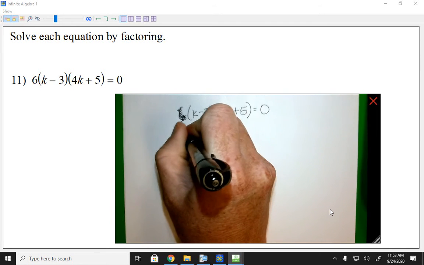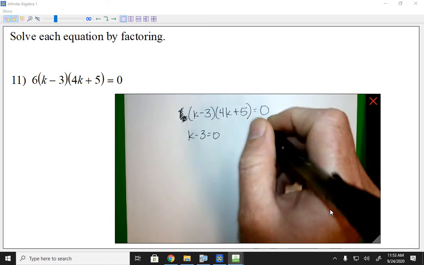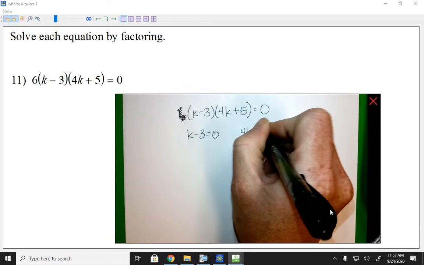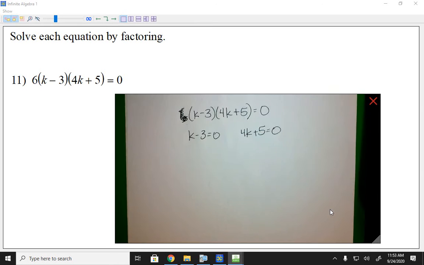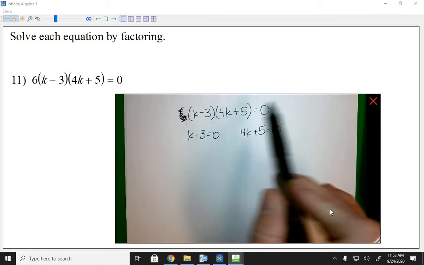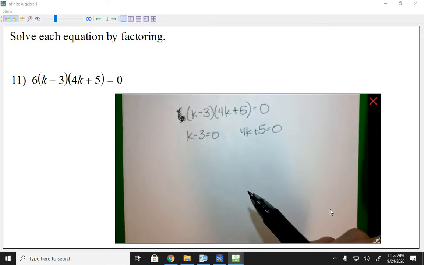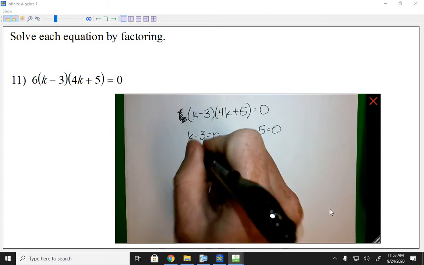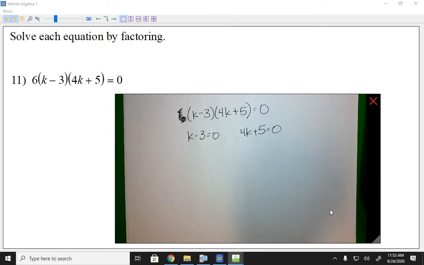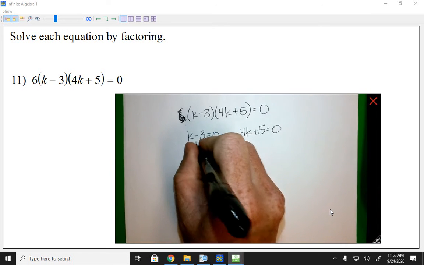So we're going to say k minus 3 equals 0, and 4k plus 5 equals 0. And again, the reason I can do that is because the zero product property says if I'm multiplying to equal 0, then one of these has to be 0. And in this case, we're going to say both are. And then we're just going to solve for the variable. So add 3 over.